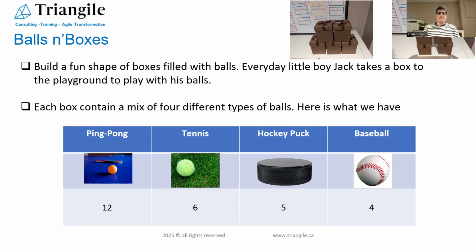Typically, in our old, structured, waterfall-ish way of estimating and thinking, you might go and say, well, okay, I'll start by measuring the area of the box, then measuring the perimeter or area of each different ball, and go through many, many complex calculations to figure out how many you can fit.